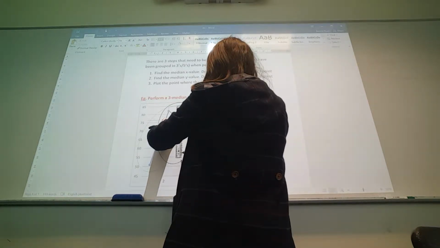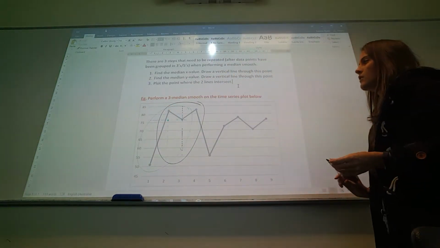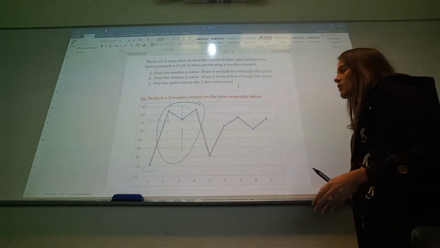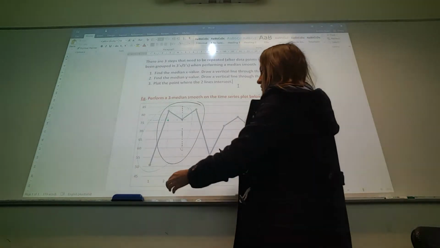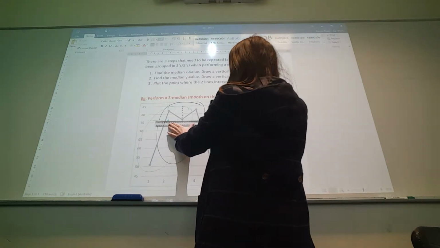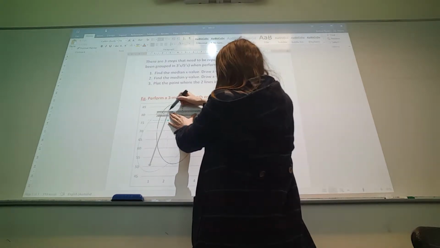Draw your line vertically. And then do the same with your y values. So start by going up. First point. Second point is going to be this one.